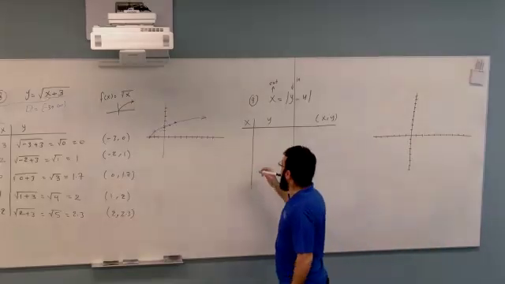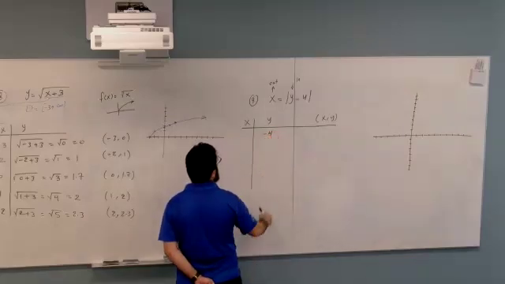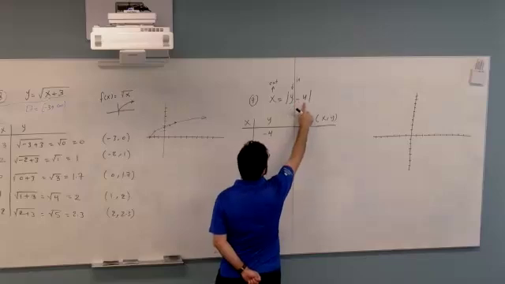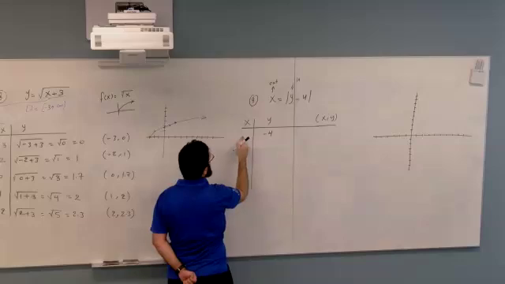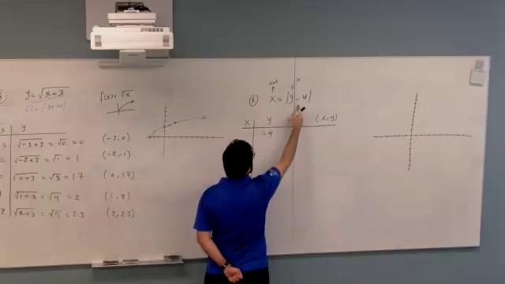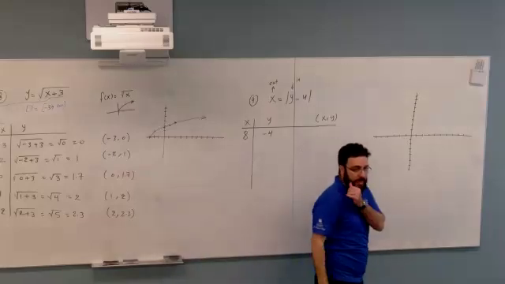Okay, let's start with -4. So we said Y, I'm gonna put -4. -4 minus 4 will be -8. What's the absolute value of -8? Is that okay?